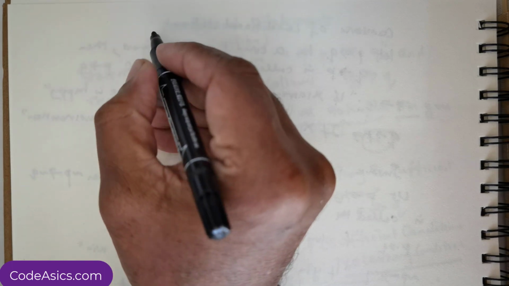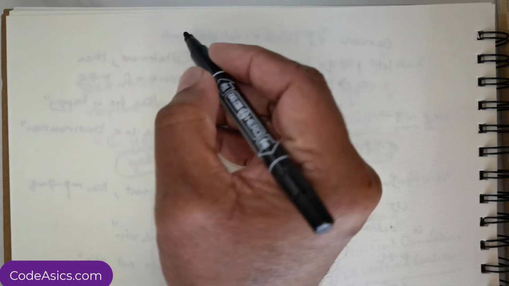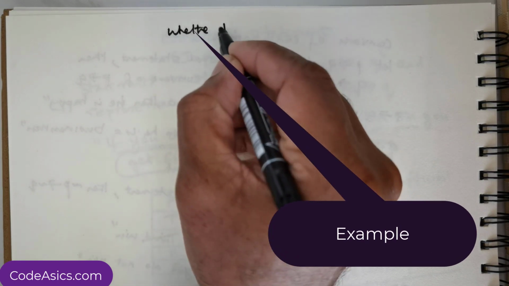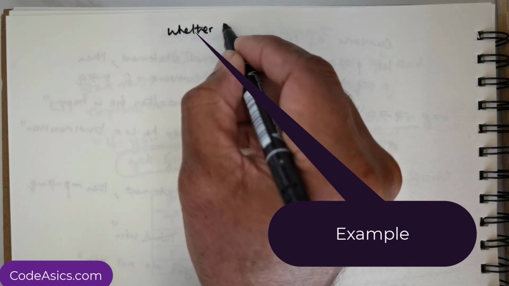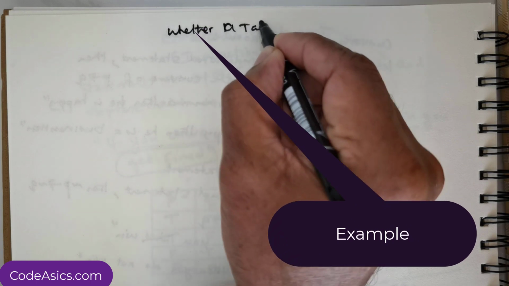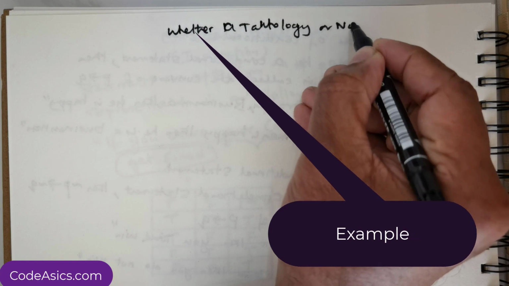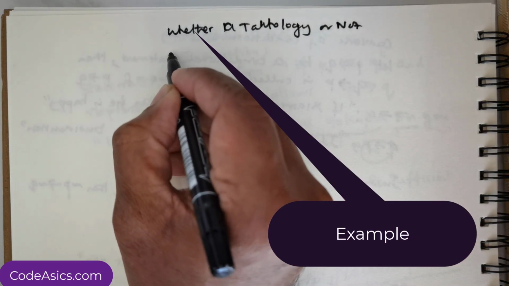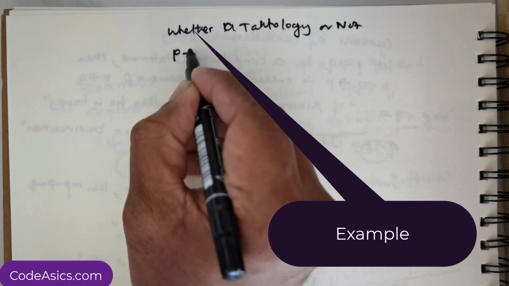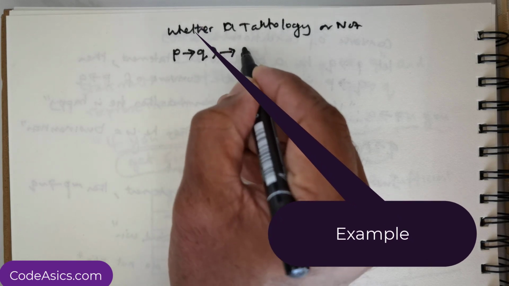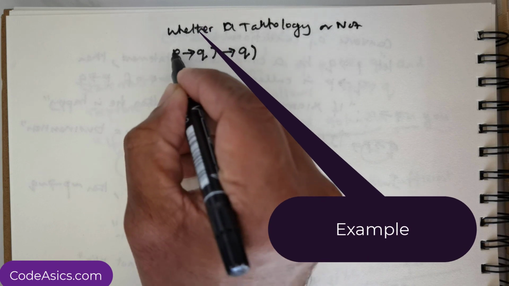This is a beautiful question. We are expected to find if it is a tautology or not. And we are given the following: P conditional Q, conditional Q again.